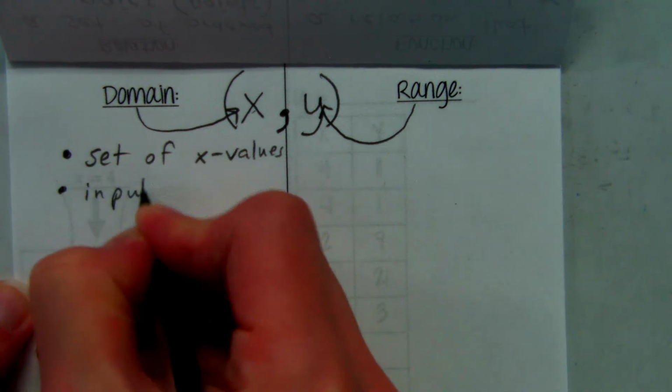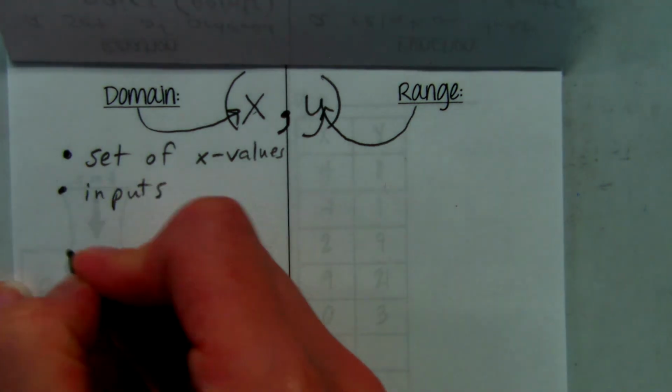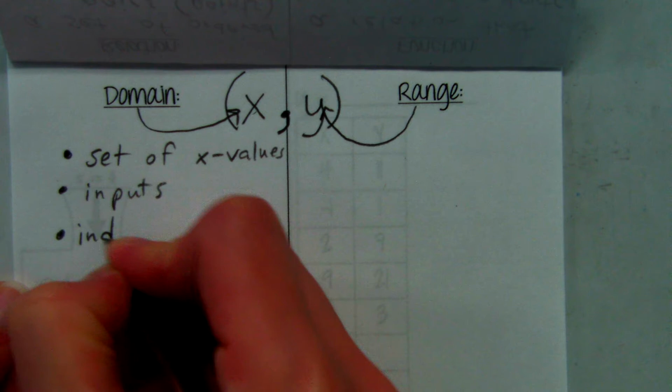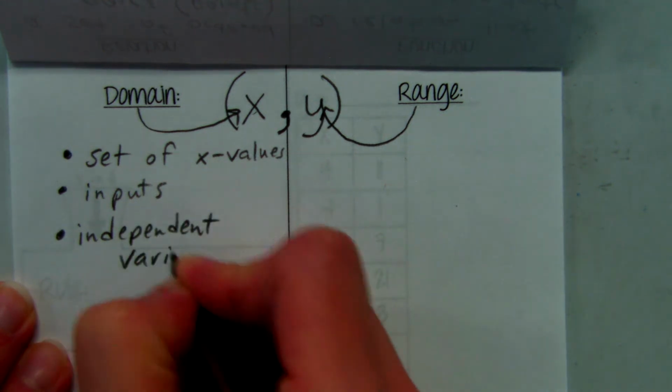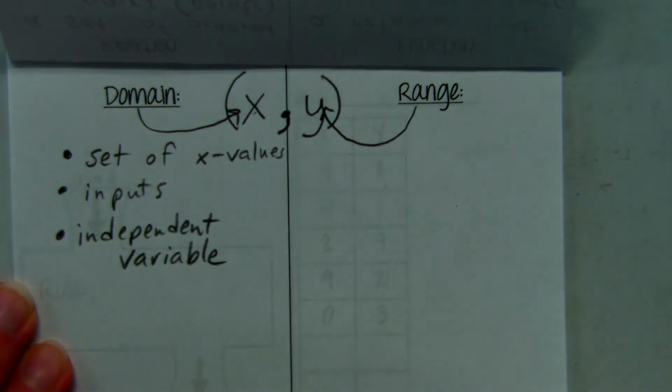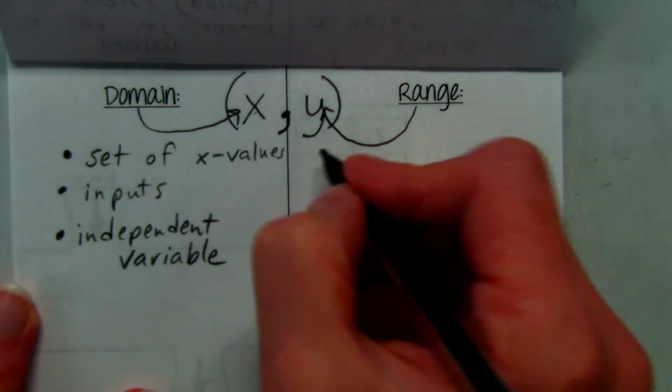It is our inputs, and it represents the independent variable. Okay, if you need to pause the video to write those down, you can.